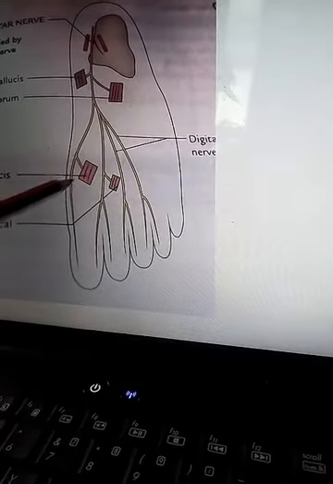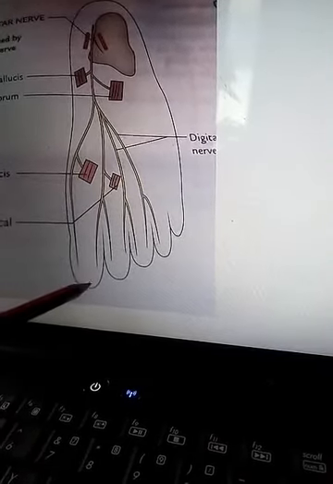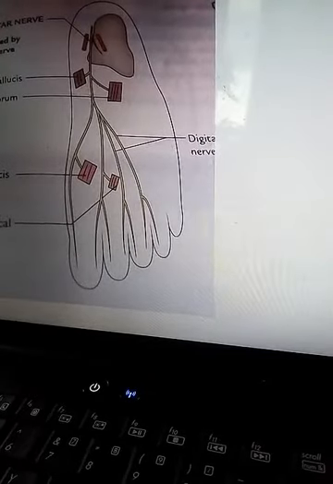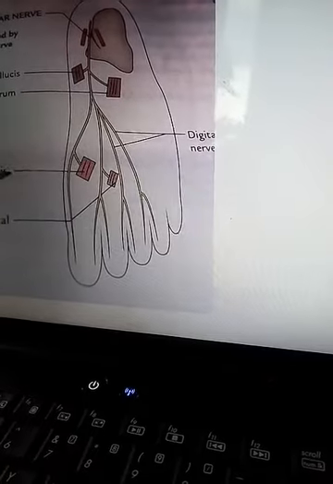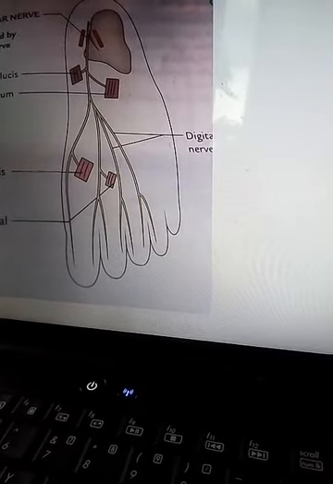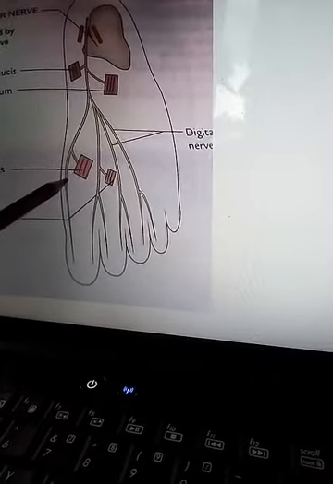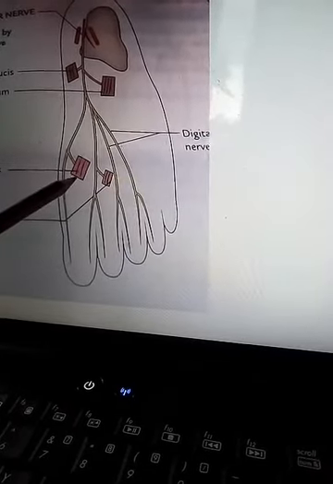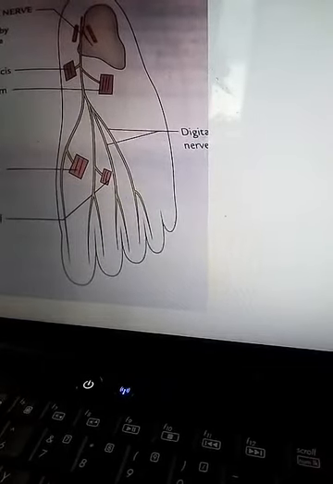Each digital nerve also supplies the dorsum of the terminal phalanx. The articular branches supply the joints of the tarsus and metatarsus. Now the distribution of the medial plantar nerve in the sole corresponds to the distribution of the median nerve in the hand.